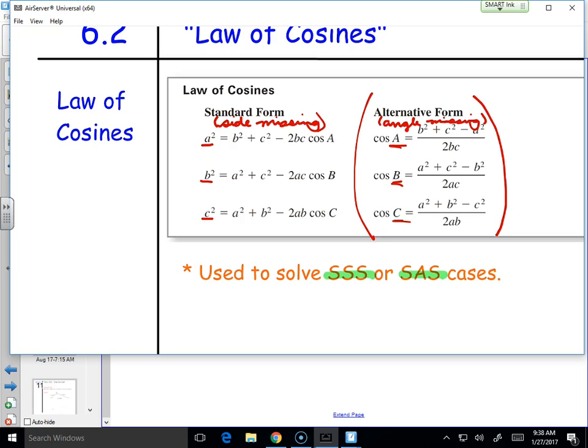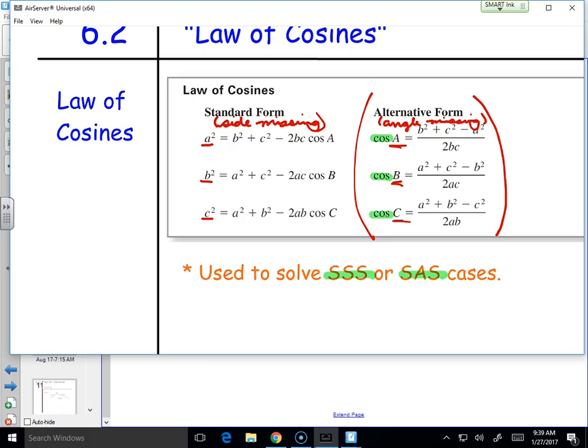Wait, it's still not isolated. Who's outside of each of those? Cosine. Cosine's on the outside, so how are we going to get rid of it to solve for the angle? Inverse. Ambiguous? No, it's not.